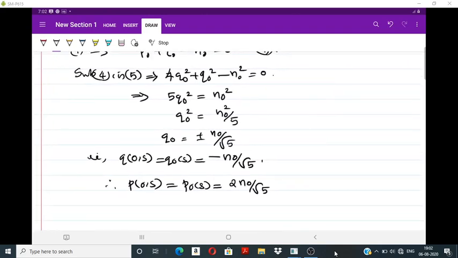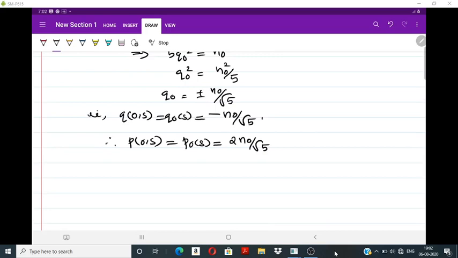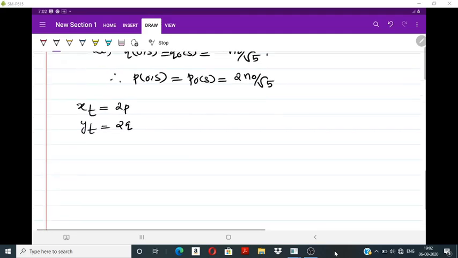Now we have 5 equations and 5 initial conditions, so we can solve each ODE. Each one is an initial value problem, and we can solve this completely. So first, the characteristic equations we can rewrite again: x t equal to 2p, y t equal to 2q, and u t.